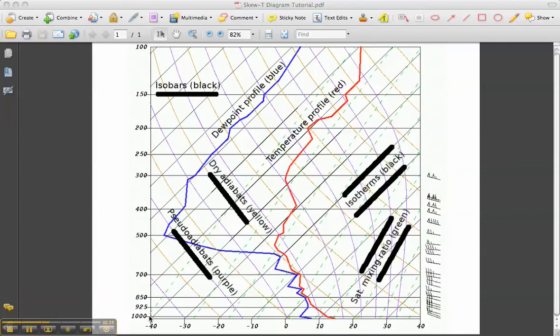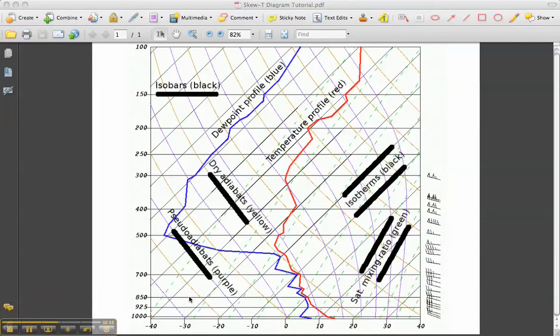If I were to ask for the dew point temperature at, let's say, 850 millibars, can you tell me what that is? Well, the dew point temperature is represented by this blue line. This is the dew point temperature measured by the weather balloon as it goes up through the atmosphere.